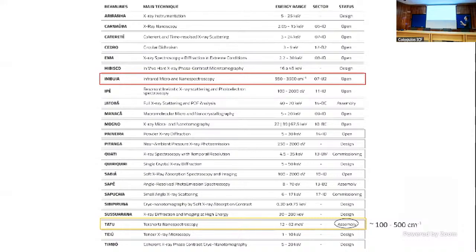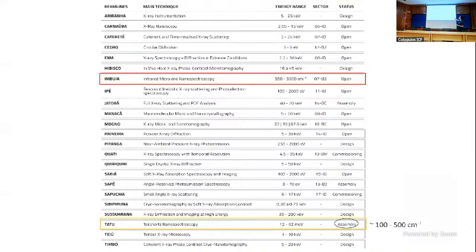But before, this is the list of the beamlines there. It's a really beautiful machine. It started operating 2 years ago, I don't know. Many of the beamlines are still being mounted and designed, so it's partially operating, but you have to go there. It's a really nice one and open.